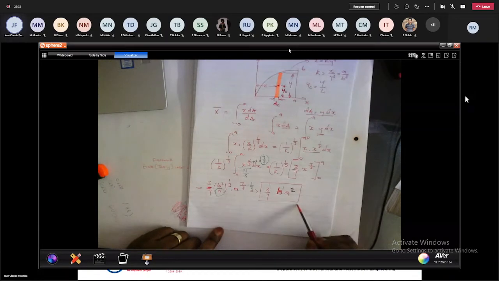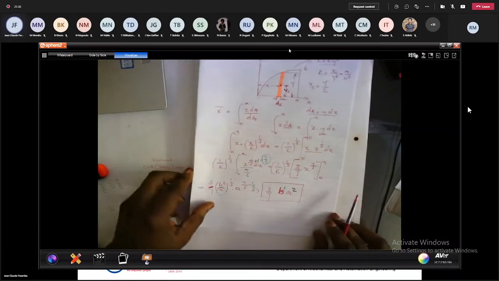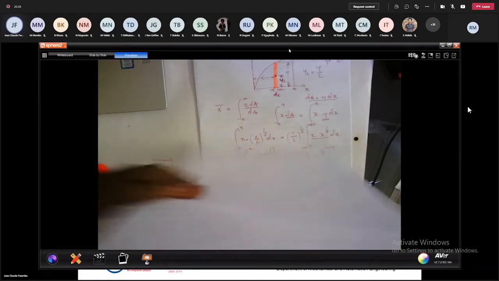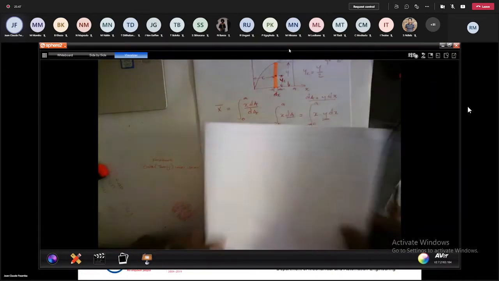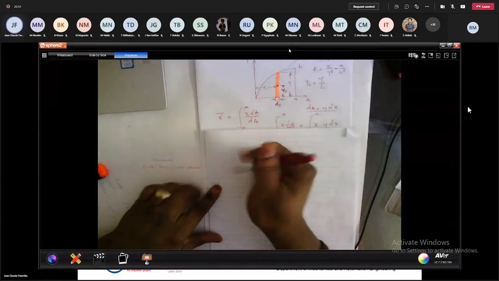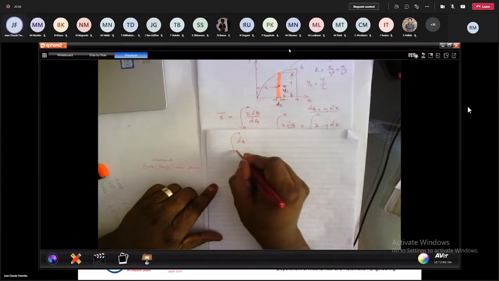So I've worked out my numerator. Let me look into my denominator. I'll just switch the page here. With my denominator, it will be integration of the area within my limit.